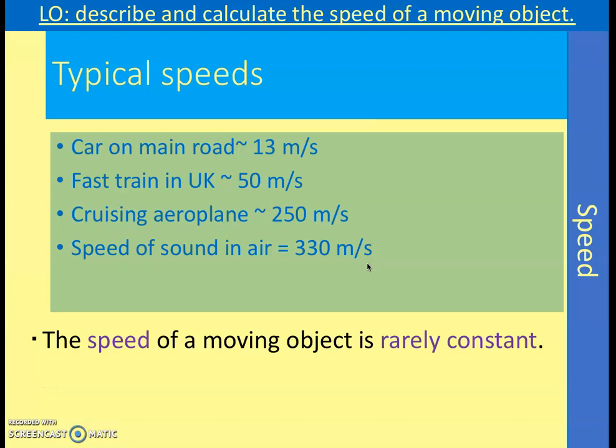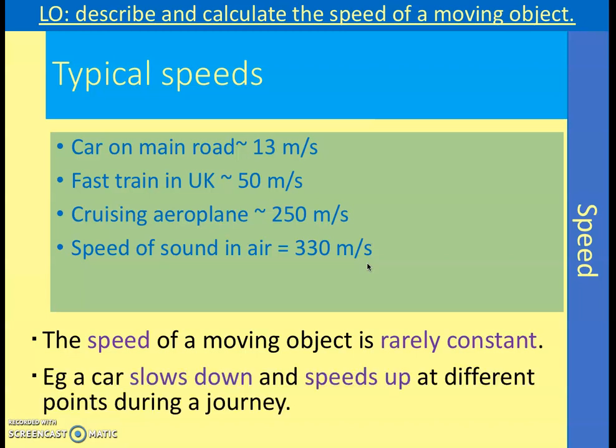So the speed of a moving object is rarely constant. Think about your journey to school. Each time the bus takes a turn, it has to slow down, speed up. If it's on a straight road, it tends to speed up. If it comes to traffic lights, it has to slow down, it has to stop. So moving objects rarely travel at the exact same speed for the entire journey.